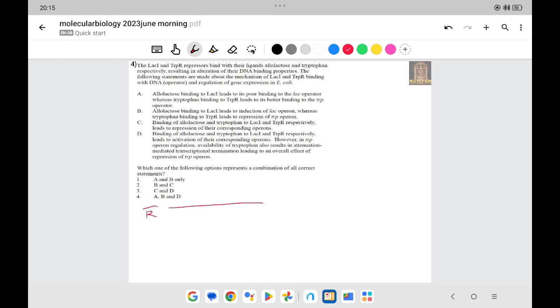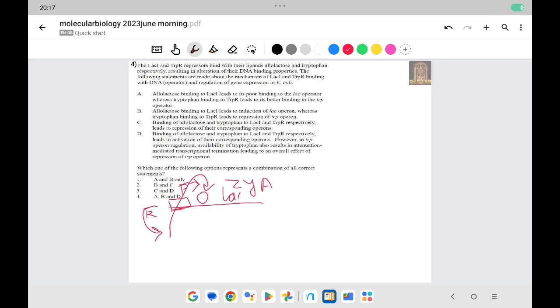This is the mRNA, and here you can see the promoter, operator, and the lac genes, that means Z, Y, and A. So here the repressor protein is produced from this part, and it goes and binds that way, and it is not allowing the RNA polymerase to go on. So here the transcription has been blocked.